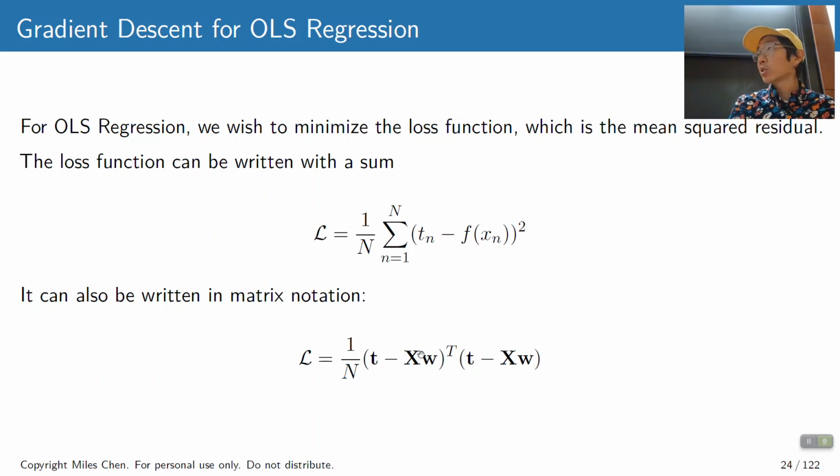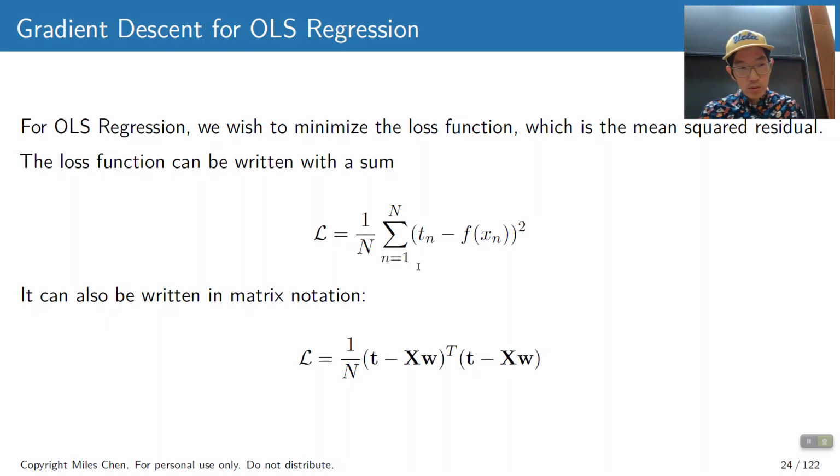And in matrix notation, it is our target values minus x times our weight matrix, right? So we do t minus xw transpose t minus xw, and then we multiply that by 1 over n, and that will give us the value that is equivalent to the sum of squared residuals.